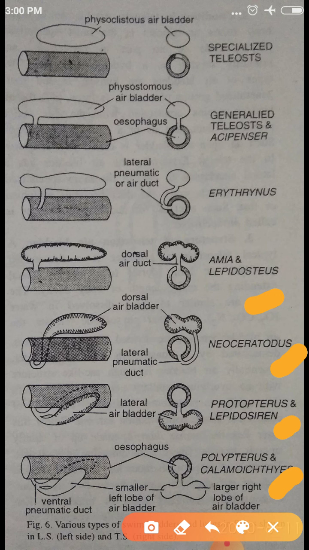In the more generalized groups of teleosts, the air bladder retains connection with the gut via a pneumatic duct, just as in ganoids and dipnoi. Such an open air bladder is called physostomous. You can see here examples of physostomous.